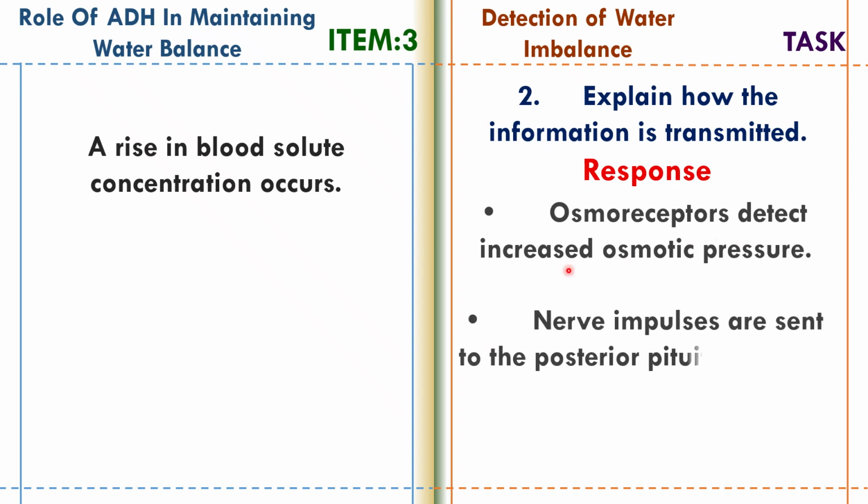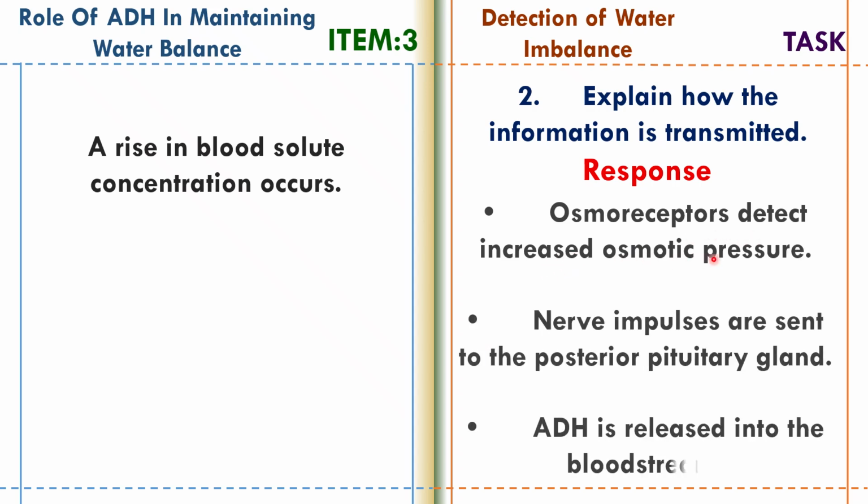Osmoreceptors detect increased osmotic pressure. Nerve impulses are sent to the posterior pituitary gland. ADH is released into the bloodstream.